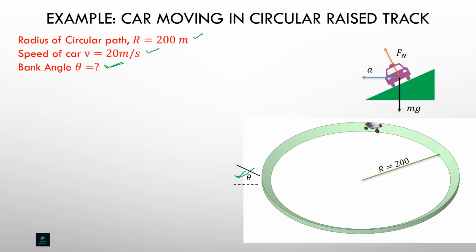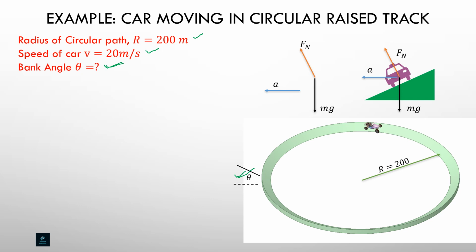This car accelerates in the radial direction with the acceleration a equals v square by r, which is the centripetal acceleration. Now we will draw these forces separately: the gravitational force, the normal force, and the acceleration in the radial direction.